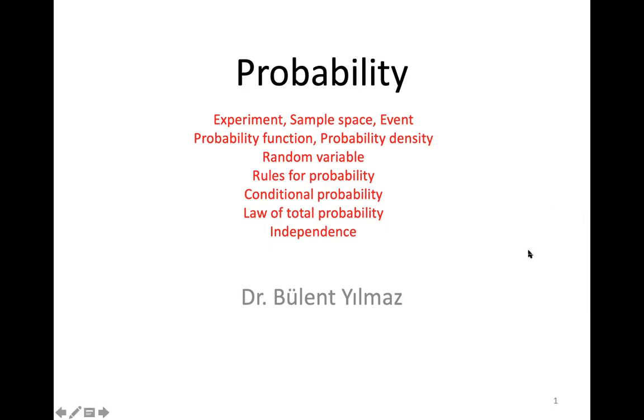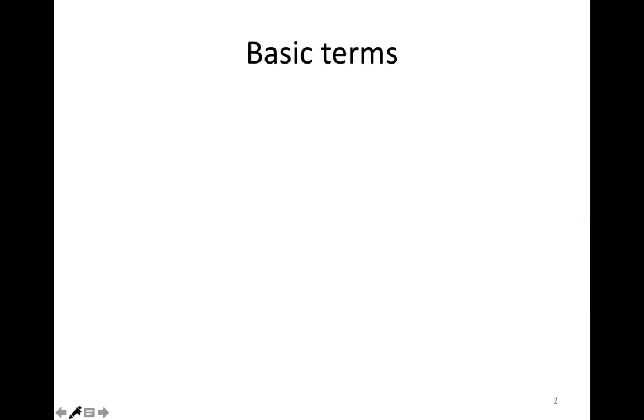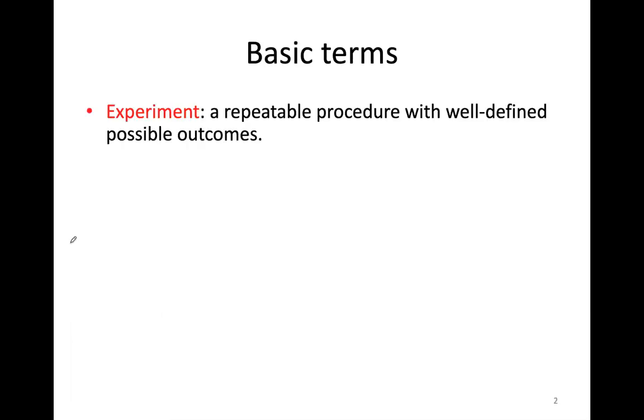If you look at the basic terms that we will be talking about in this part of the course, we will talk about experiments. Experiments are repeatable procedures, like flipping a coin, choosing something from a sack, or rolling a die.